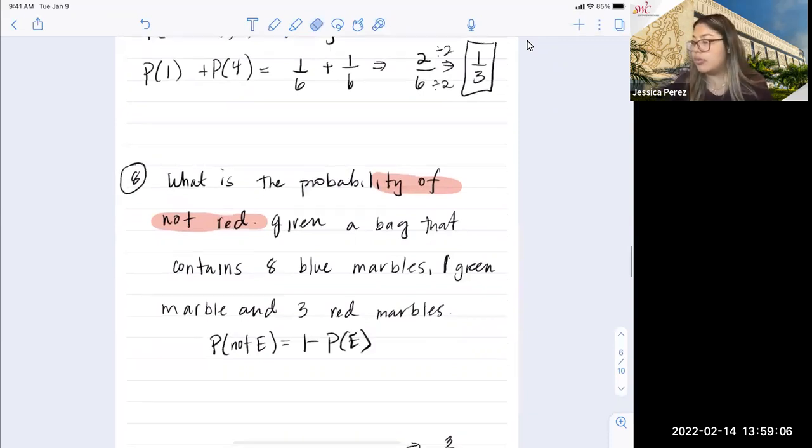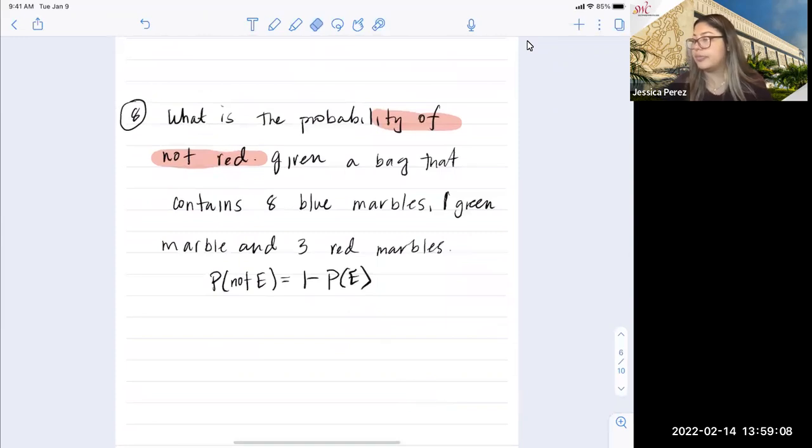So what is our total in this case? 8 plus 3 plus 1, that's 12. So 12 out of 12 minus the probability of landing a red.